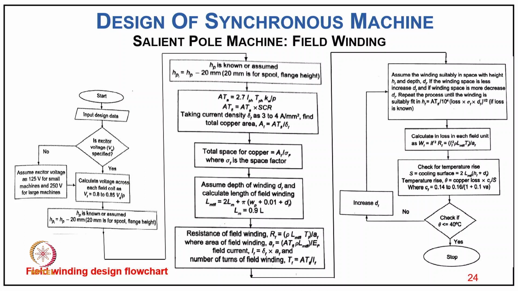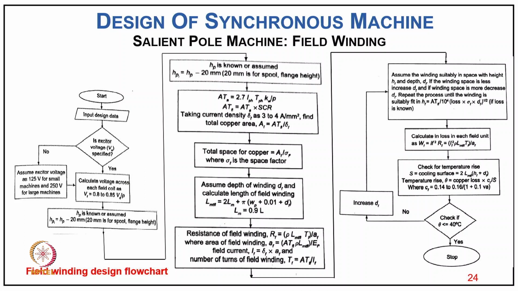Then calculate the resistance of the field winding RF equal to rho LMT TF upon AF, where the area of the field winding AF equal to ATF rho LMT upon EP. Then field current IF is equal to sigma into AF, and number of field turns TF is equal to ATF upon IF.